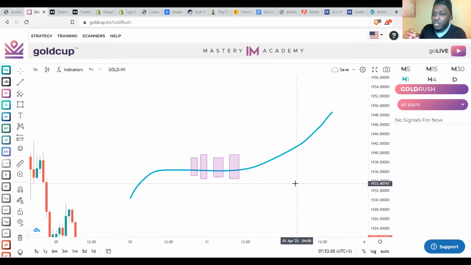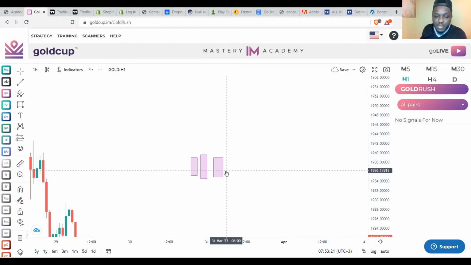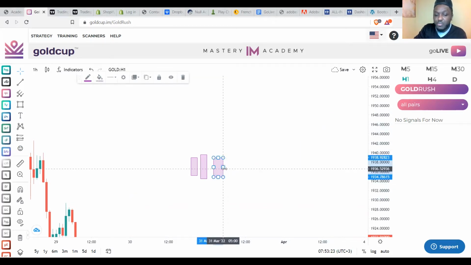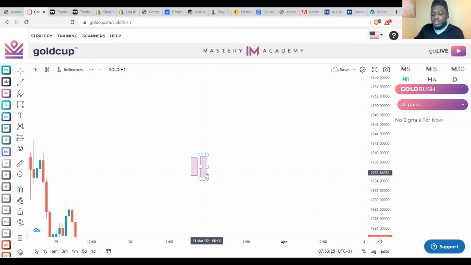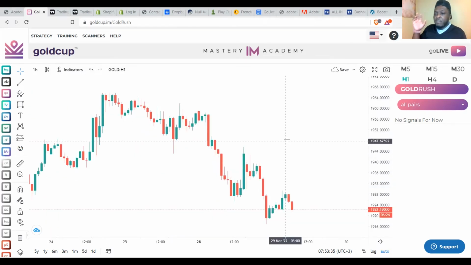That's confluence, multiple indicators confirming the same thing. So we're going to jump right into this, and hopefully at the end of this, we'll have learned something beautiful. Whatever platform you are using, it might be TradingView, it might be MetaTrader.